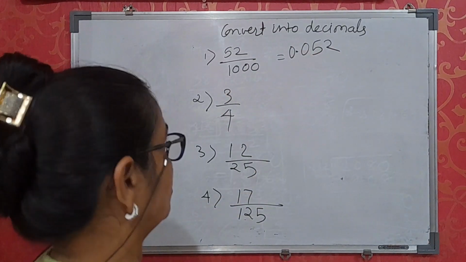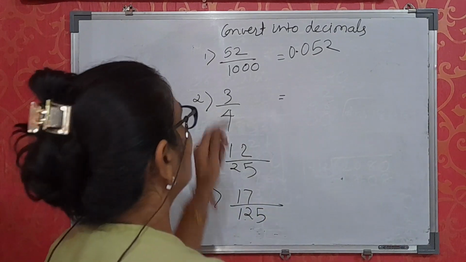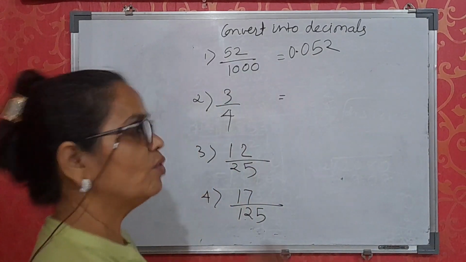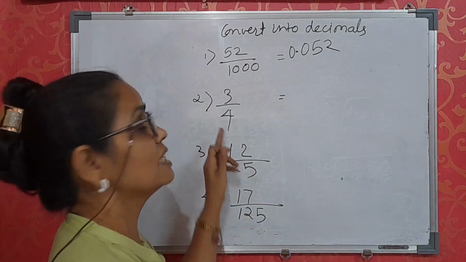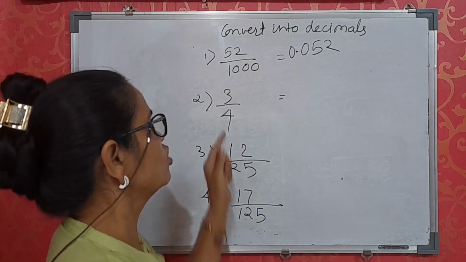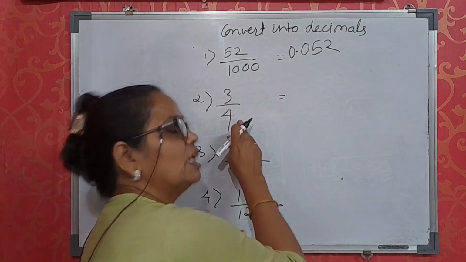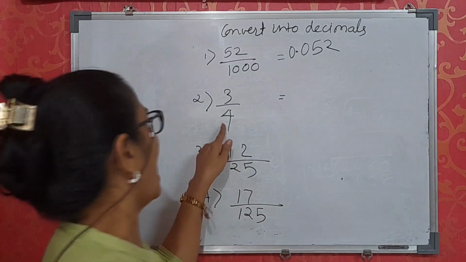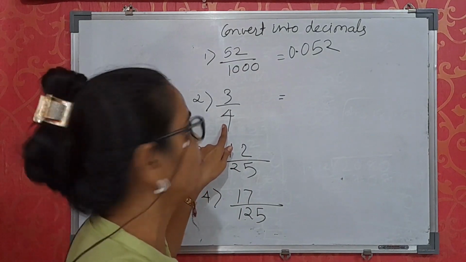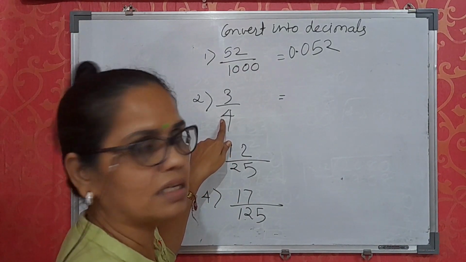Now how will you convert? One method is to do the division and bring your answer in decimal, but it is a time-consuming method. So use your skill. Bring the denominator to 10, 100, 1000, 10,000 form. I cannot bring 4 to 10 form because the table of 4 doesn't give 10.